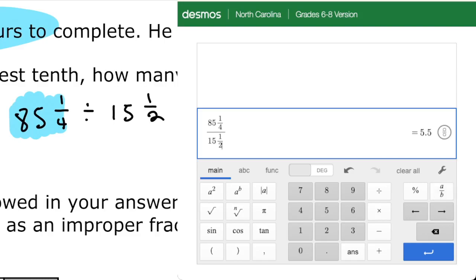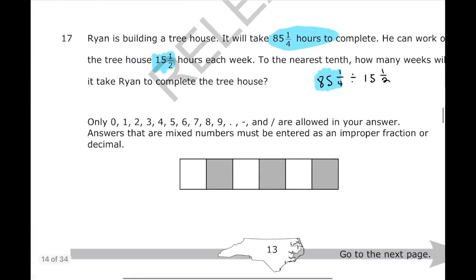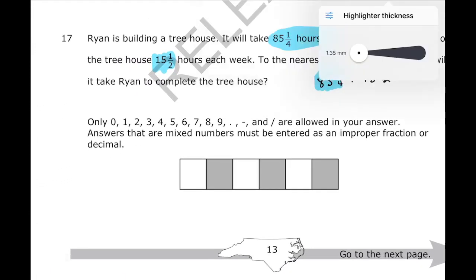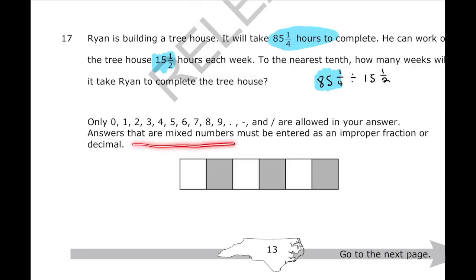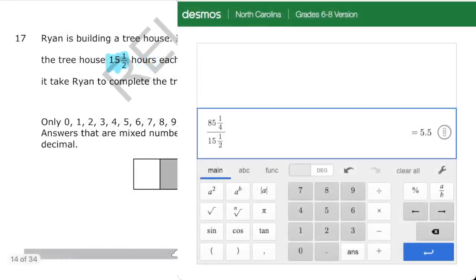Now this did ask us to represent the answer as a, let's see, we have decimals here. Mixed numbers, improper fraction, decimal. So we can put a fraction or a decimal here. If it said to represent this as a decimal, we would simply say that's 5.5, and that would represent the number of weeks.